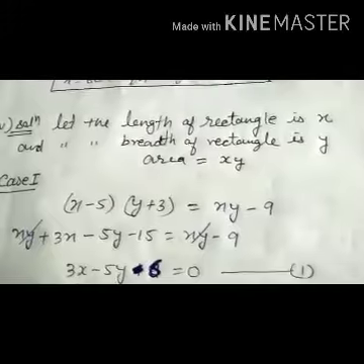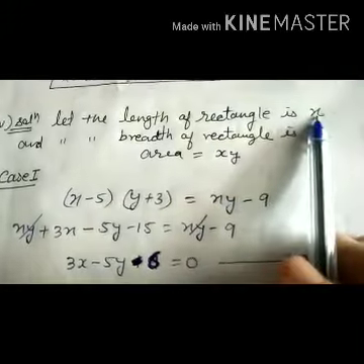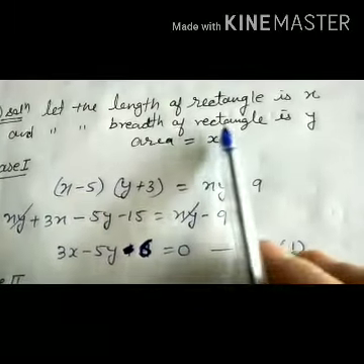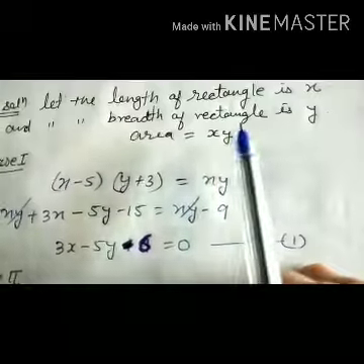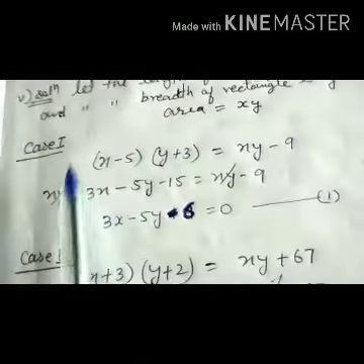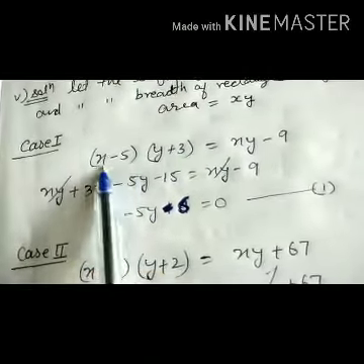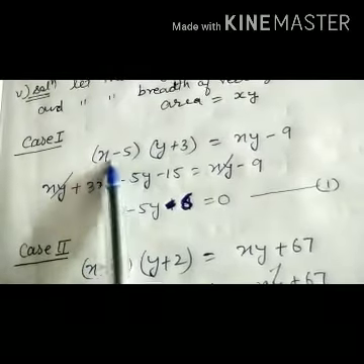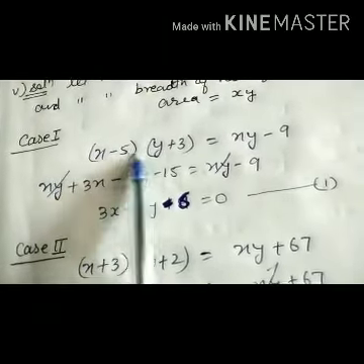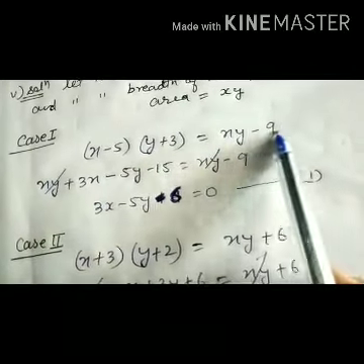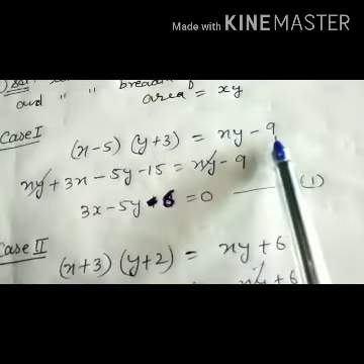Now let the length of the rectangle be x and the breadth of the rectangle be y, and we know that the area is length into breadth, that is x into y. In the first case, if we reduce the length by 5 units, we have x minus 5, and increase the breadth by 3, the area will reduce by 9 units. So the area we have is xy, reduced by 9 units, that means xy minus 9.